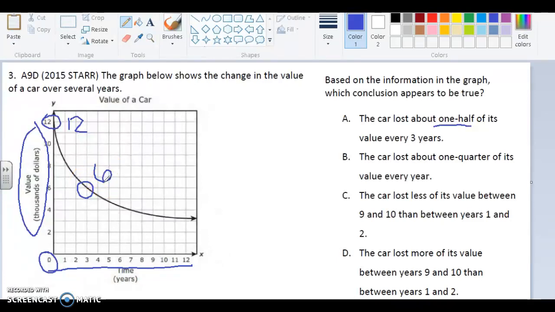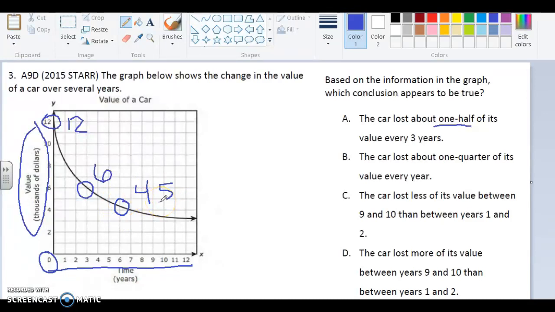So for that first part of the graph, that statement is true. The car did lose about 1/2 of its value in those 3 years. But now if we go to the next 3 years, let's say from 3 to 6, now that value there is about $4,500.